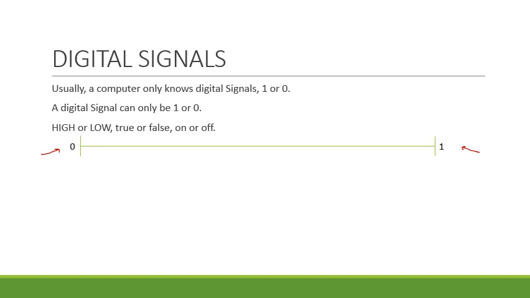It cannot be in between this line. It is either 0 or 1 at all times. There is nothing like in between with digital signals, so it cannot be a range of values. A button is an example of a device that gives out a digital signal.